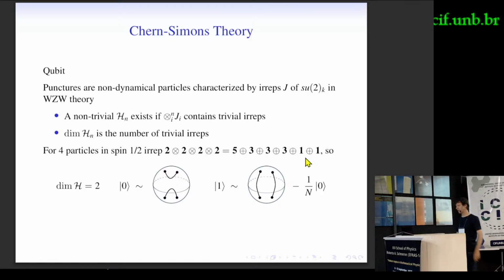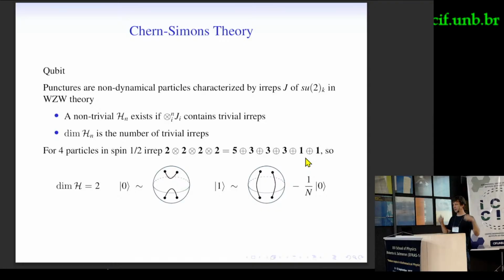And one way of seeing this, I can now think of this path integral in the 3-ball whose boundary is a 2-sphere which has 4 punctures, 4 charges on the sphere.